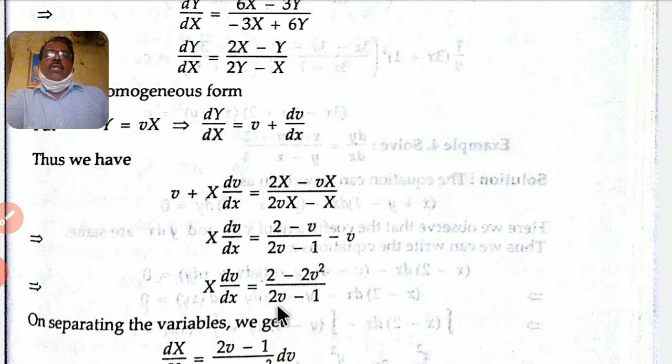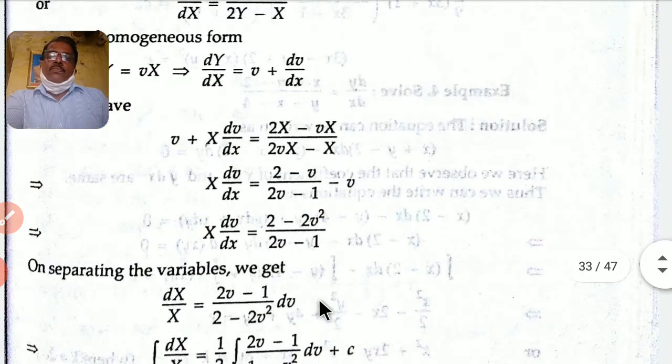So we get x into dv by dx equal to 2 minus 2v square divided by 2v minus 1.